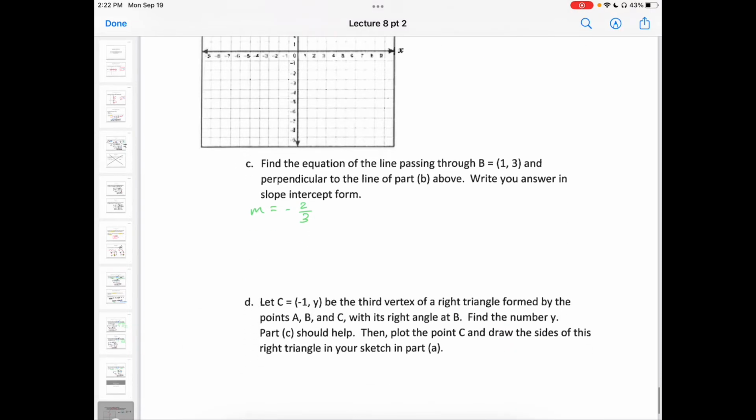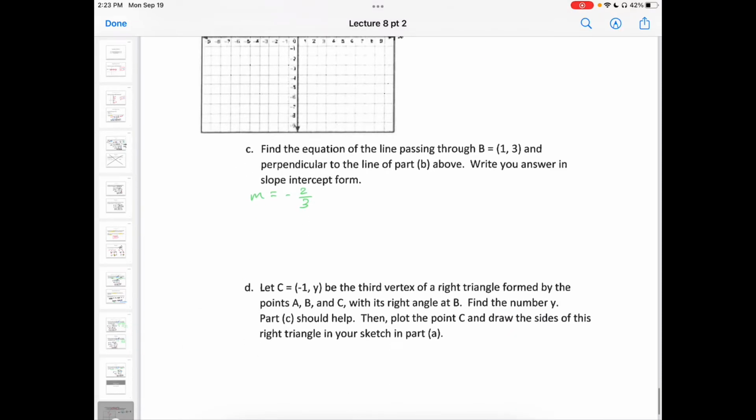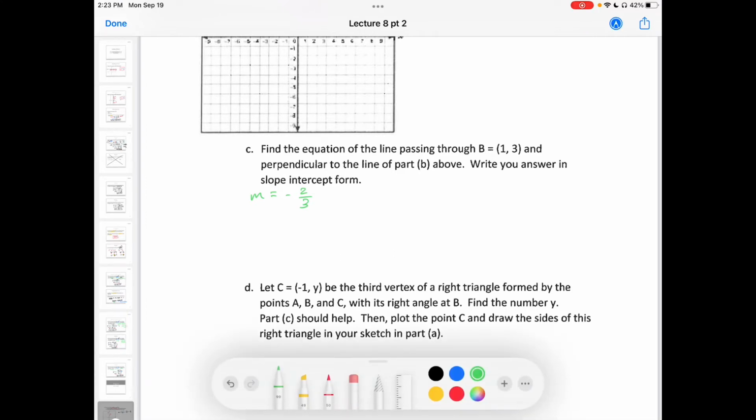So when I find the slope that is perpendicular to that, I'm going to need to find the opposite reciprocal. The opposite of negative 2/3 would be a positive 2/3. And then I've got to flip that fraction. So the reciprocal of 2/3 would be 3/2.